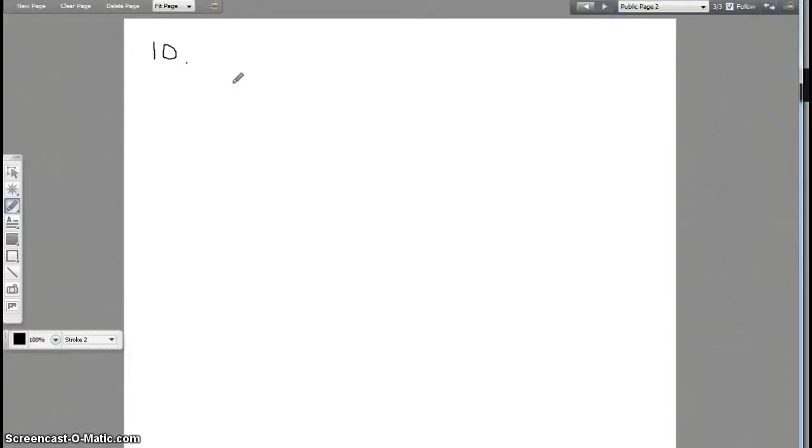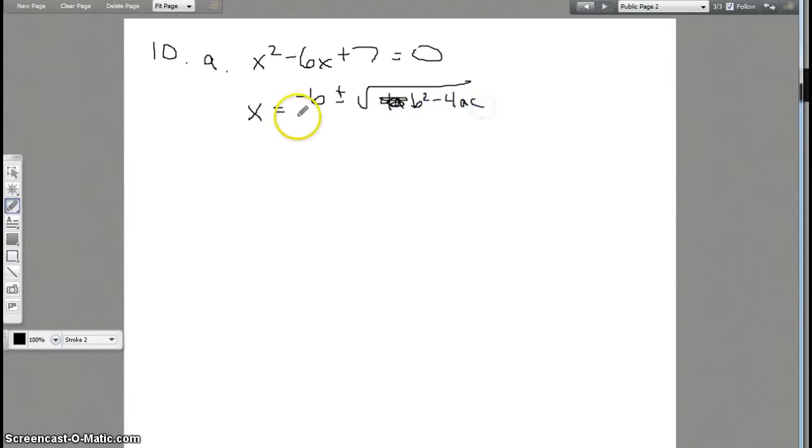So for number 10, let's do part A. Part A says x squared minus 6x plus 7 equals 0. And our quadratic formula is x equals negative b plus or minus the square root of b squared minus 4ac all over 2a.